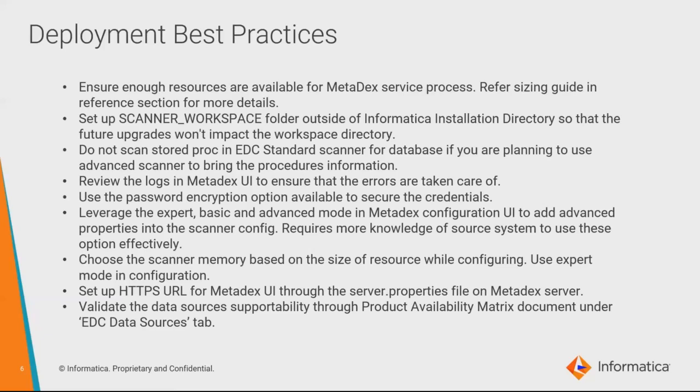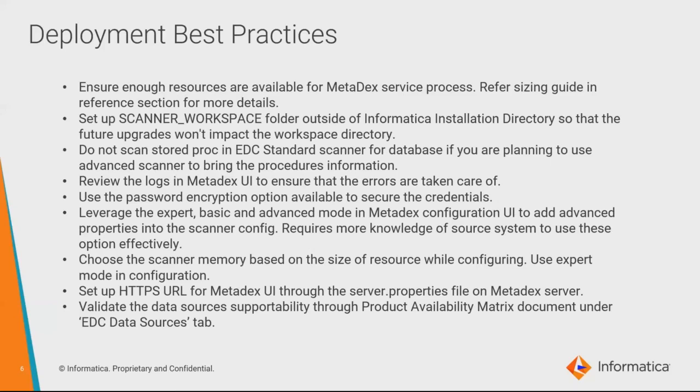Setting up the HTTPS URL is very easily configurable. You have to go to the server.properties file on the metadex server, and this HTTPS URL is for the metadex UI. And one of the things to note is, whenever you are about to scan a data source, ensure that you have looked at the product availability matrix, which is available on our network.informatica.com website, and ensure that the version and those things which you are about to extract are all supported.